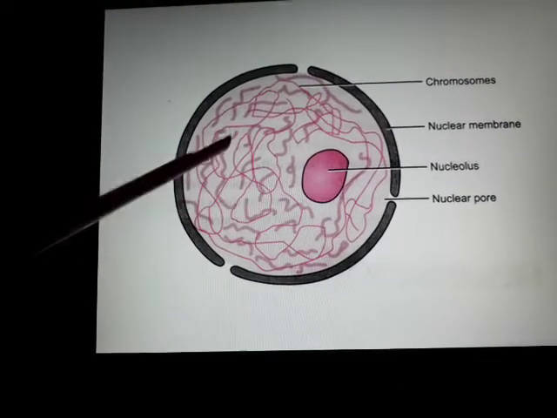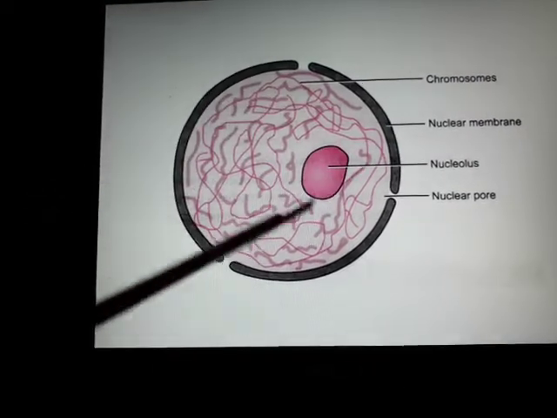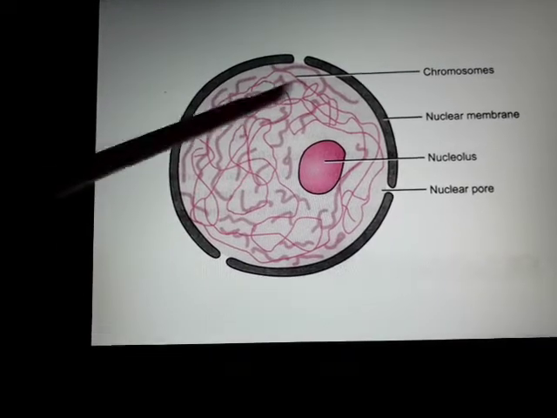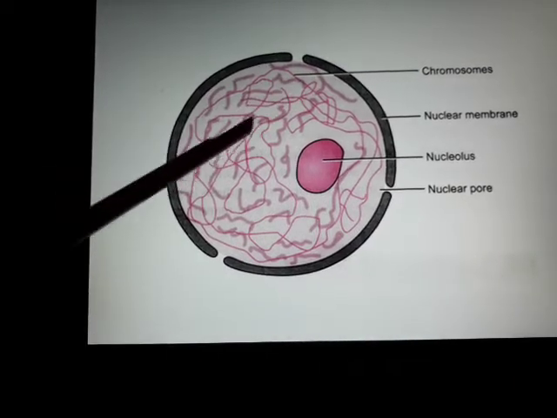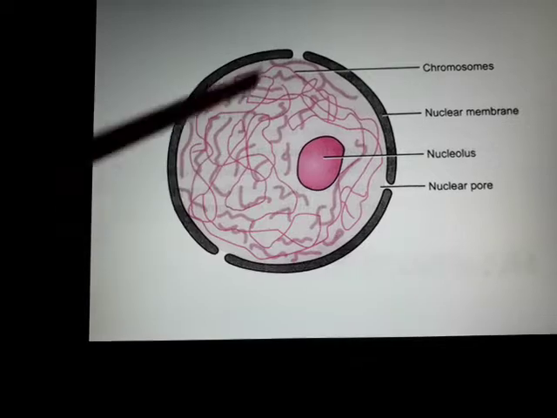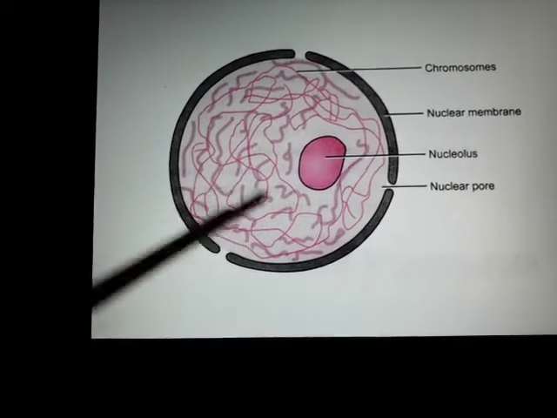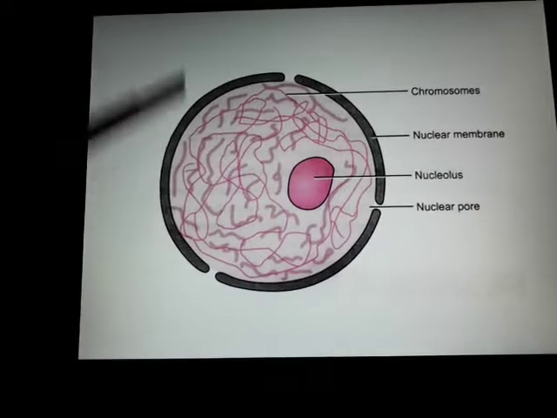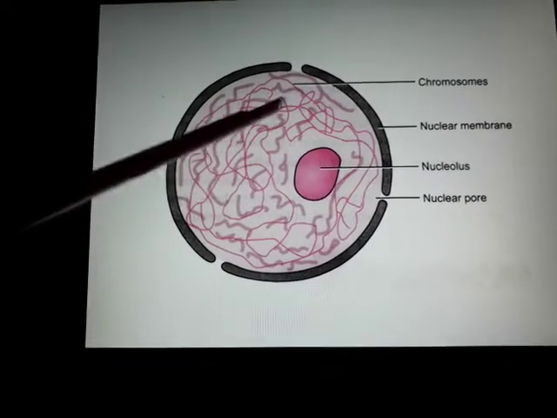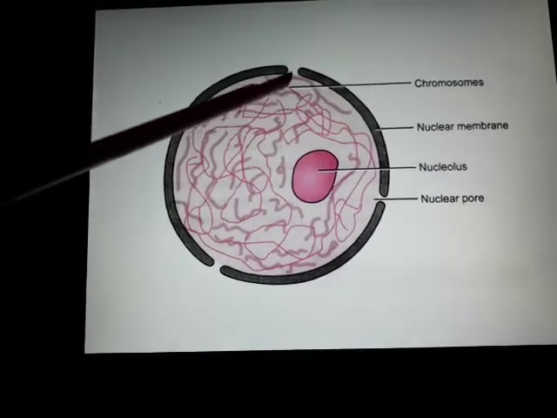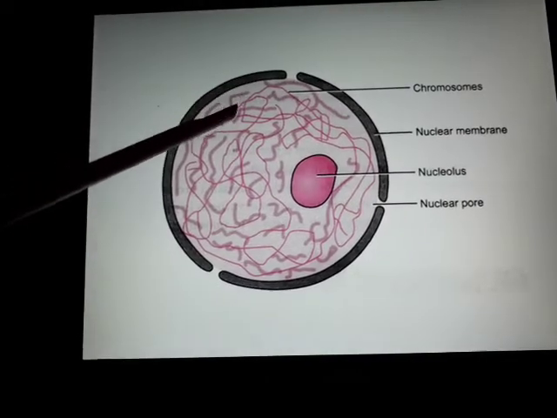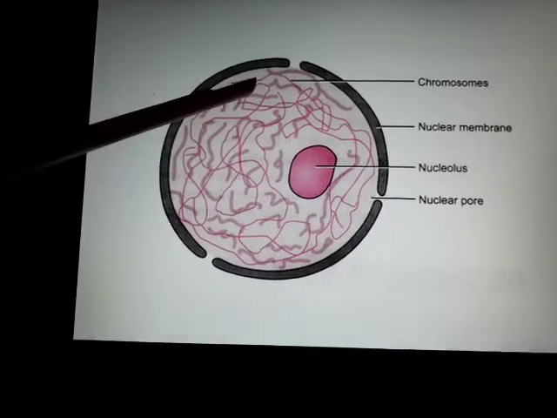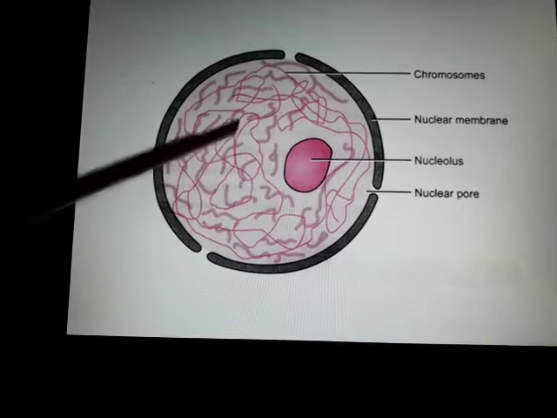Now, in this jelly-like fluid, you can see thread-like structures. These are called chromatin material, which during cell division condenses to form chromosomes. You can see these are condensing. When they condense, they become short and very clear.